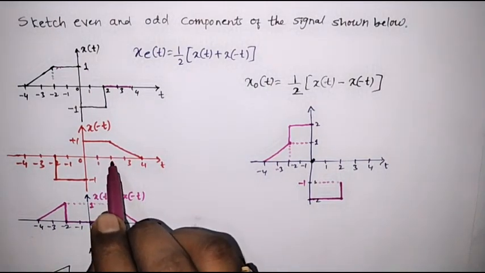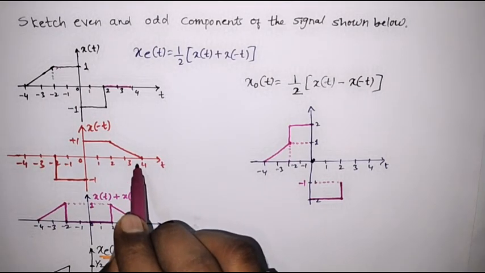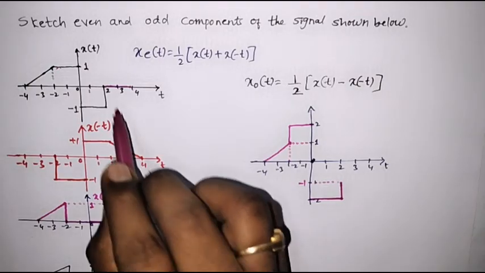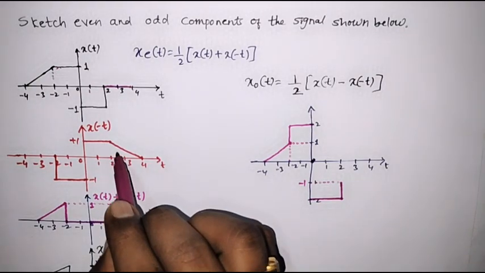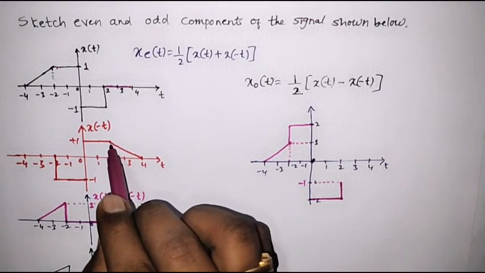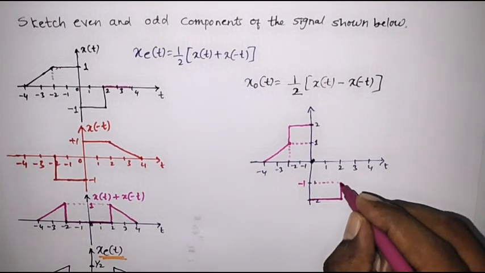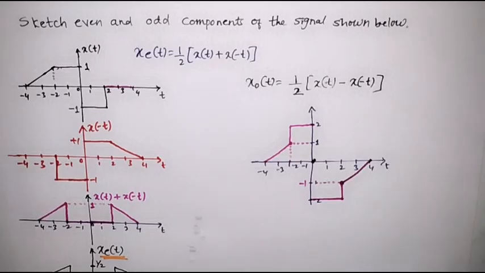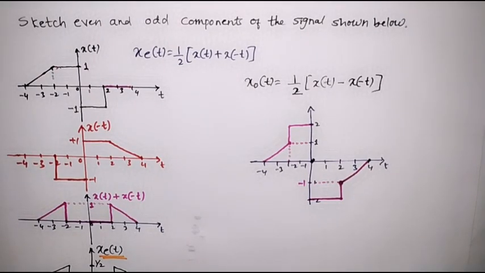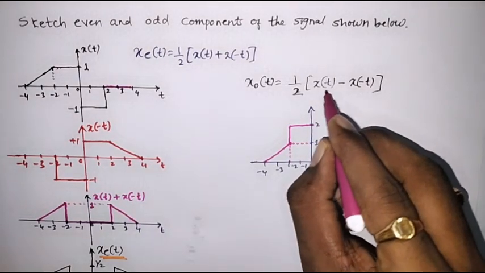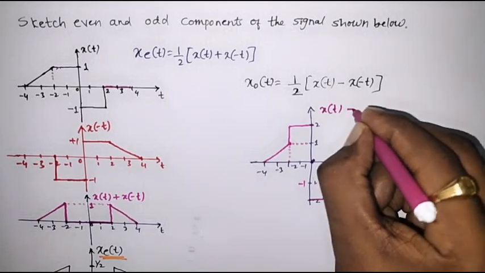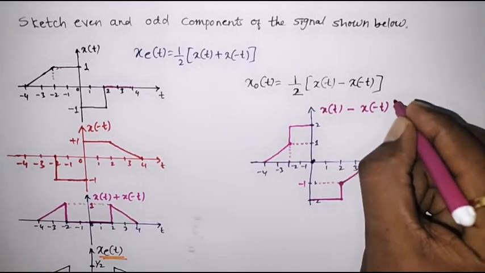Now for t greater than 2 to 4, its value is the ramp signal. So when we subtract this from this signal, it will be the ramp signal, that is minus of ramp. So from 2 to 4, it appears like this. So this is the x of t minus x of minus t waveform.